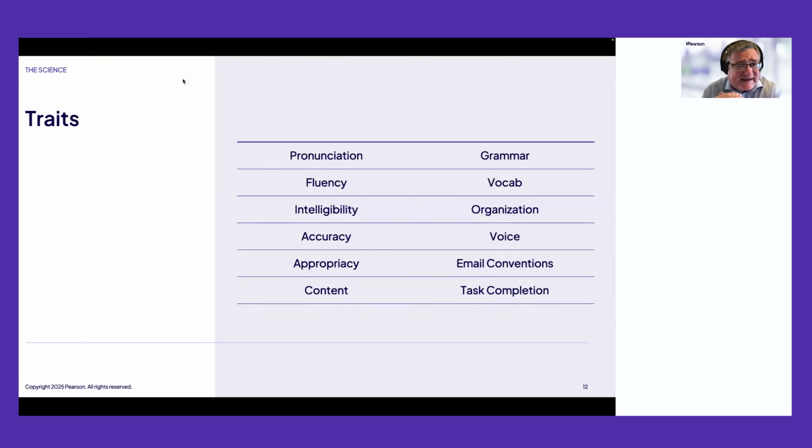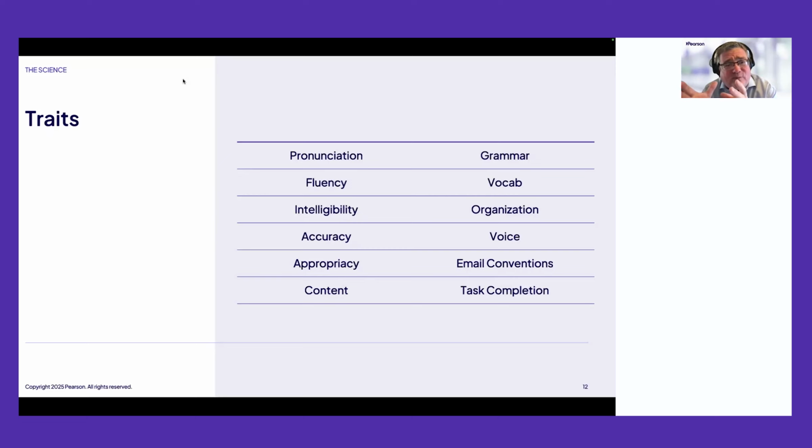Can a test taker organize their writing in an appropriate way? Do they give it the appropriate voice? Is it the speaker's voice that they're adopting? Is that appropriate for the context that they're using? And do they know the conventions of writing a particular task? If it's an email task or if it's a summary task, do they understand what the conventions are in terms of writing those particular answers to those tasks?